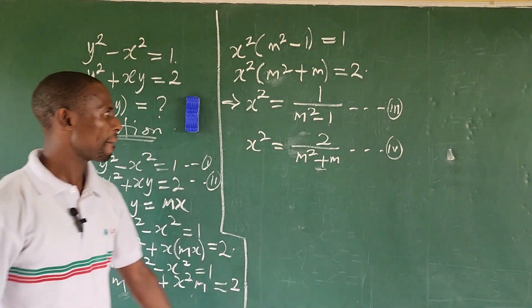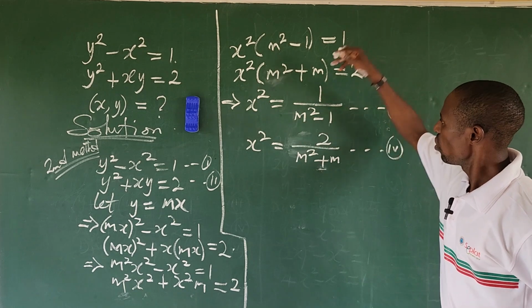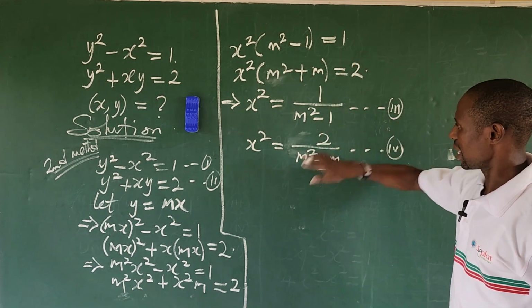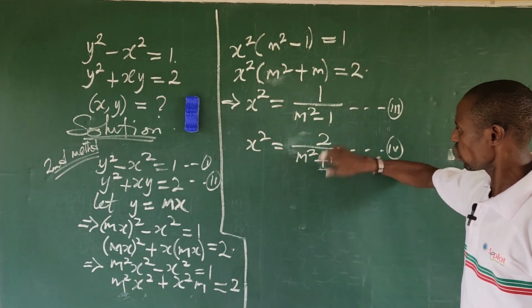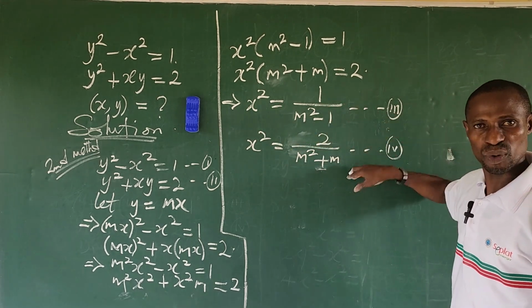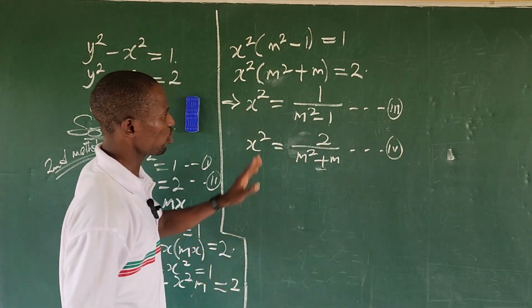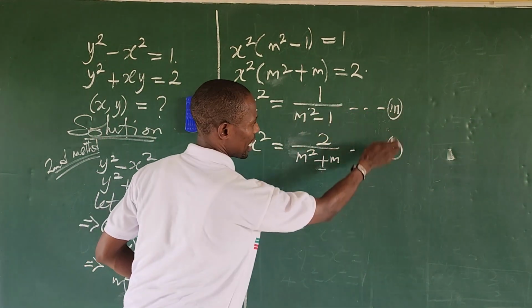Simple. All right. Now that we have x squared equals 1 all over this, and we have x squared equal to 2 all over this, we can now equate equation 3 and equation 4 to each other.